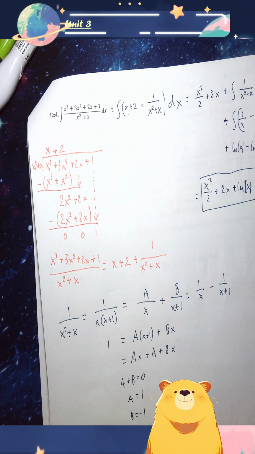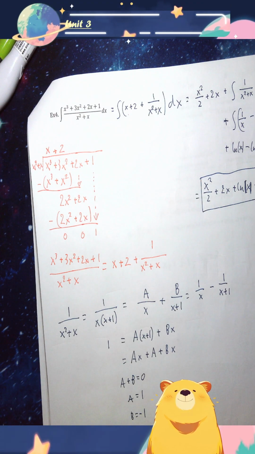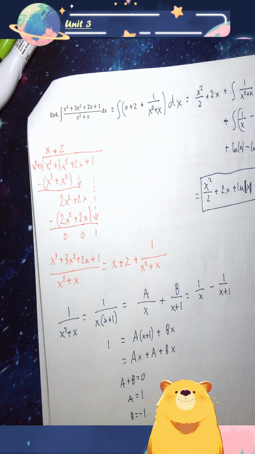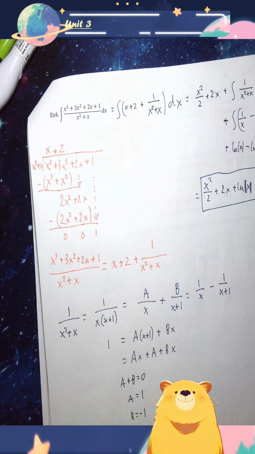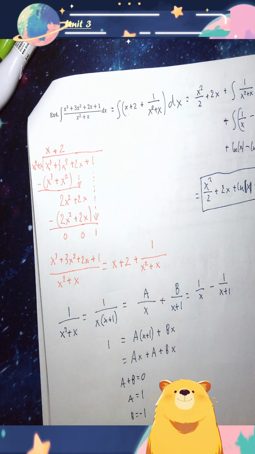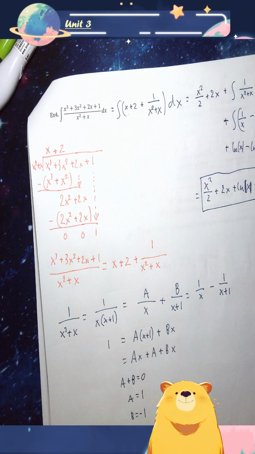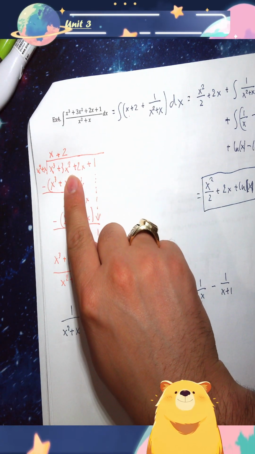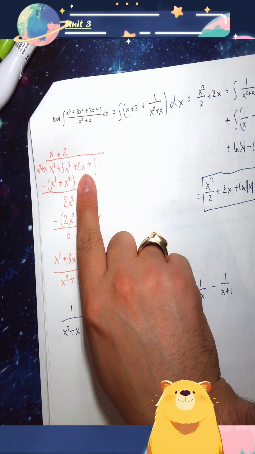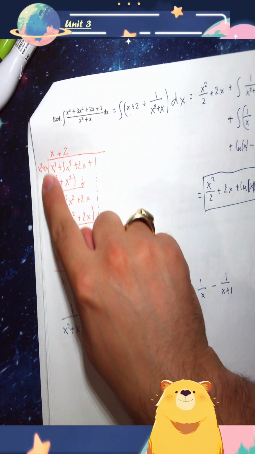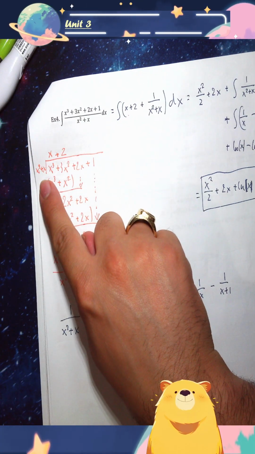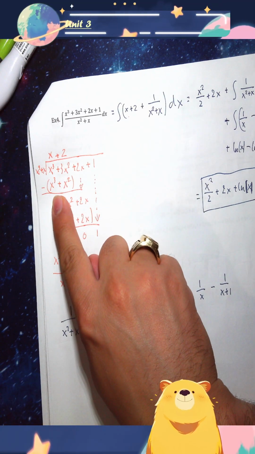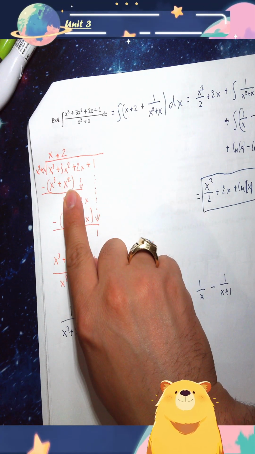So let's do long division first. Here, I'll use a different color to denote that. I'll put it here: x squared plus x into 3x squared plus 2x plus 1. Sorry, x to the power of 3 plus 3x squared plus 2x plus 1. So we can multiply this leading term by x and make it look like x to the power of 3, which makes this guy look like x squared.